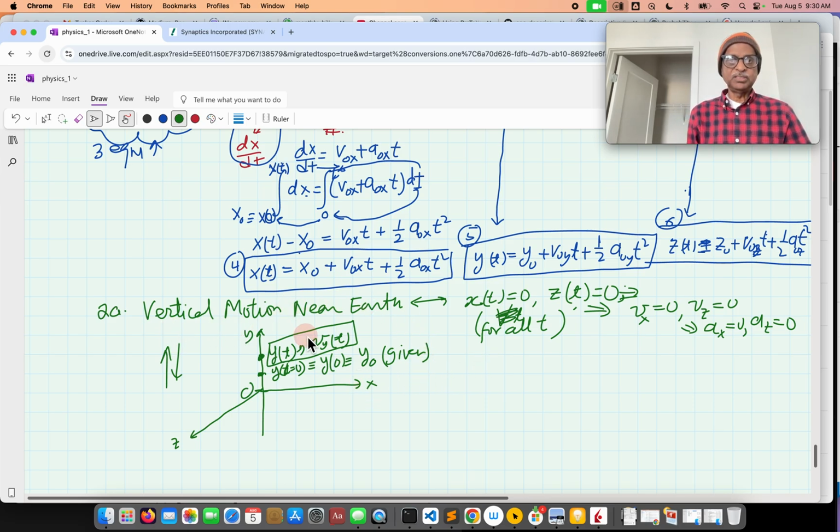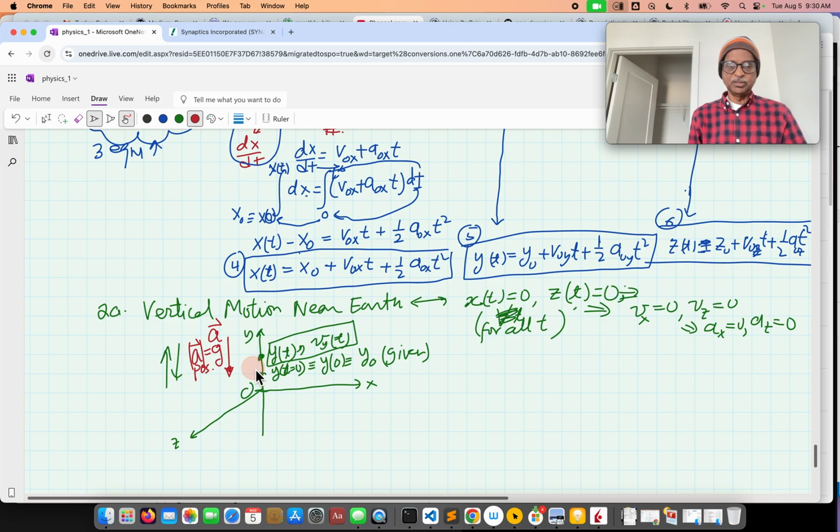It's a vertical motion near Earth. If we put in one more piece of information, we say that in this motion acceleration is pointed down, and the value of the acceleration is g. It's not minus g, it's positive.